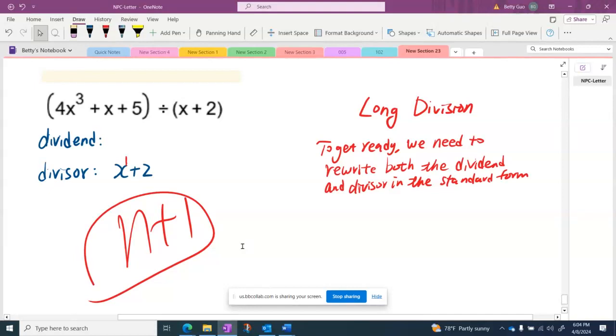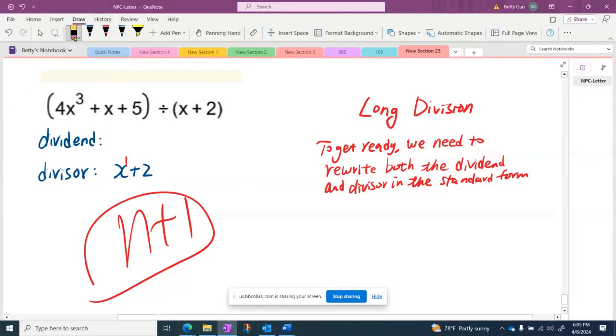The standard form of a polynomial contains n plus 1 terms. N here is the degree of the polynomial. The divisor is x plus 2. Degree is 1. 1 plus 1 is 2. So the standard form is supposed to have 2 terms. And the divisor already has 2 terms, x plus 2, so it's already in the standard form.